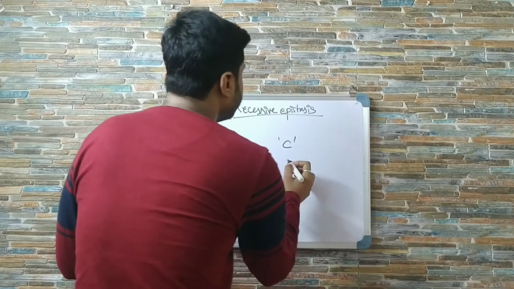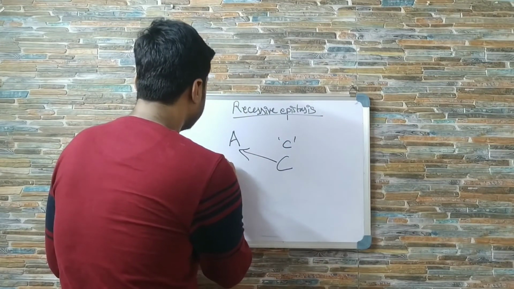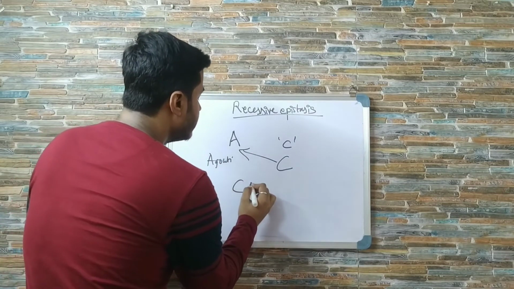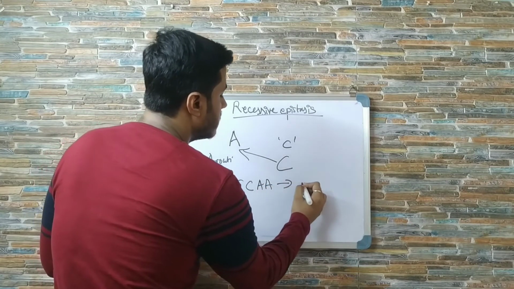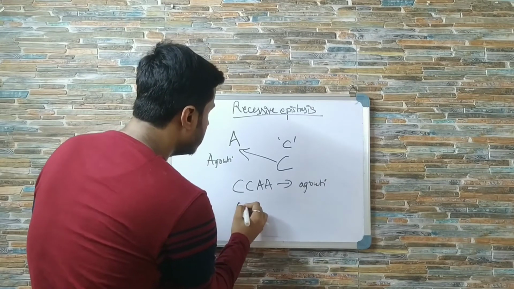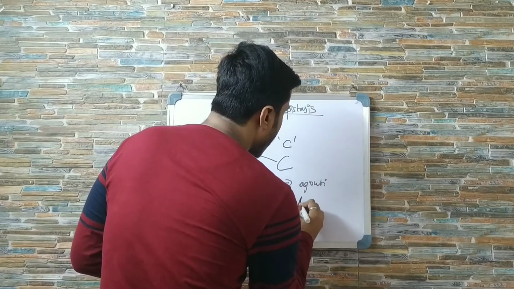Okay? But the presence of dominant allele capital C gives rise to agouti. That is, capital C capital A is agouti, whereas small c capital A is albino.